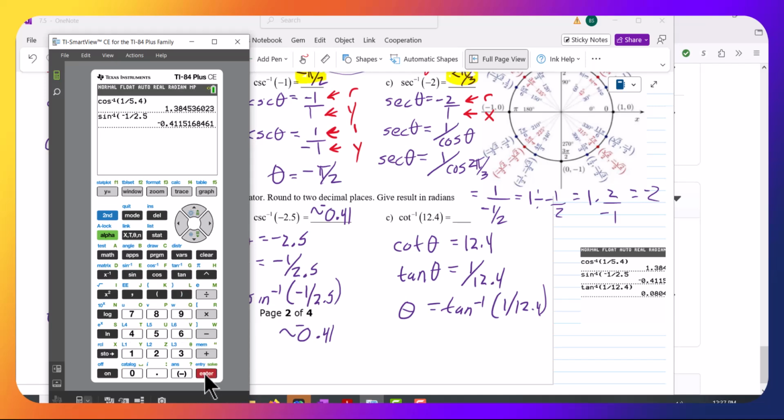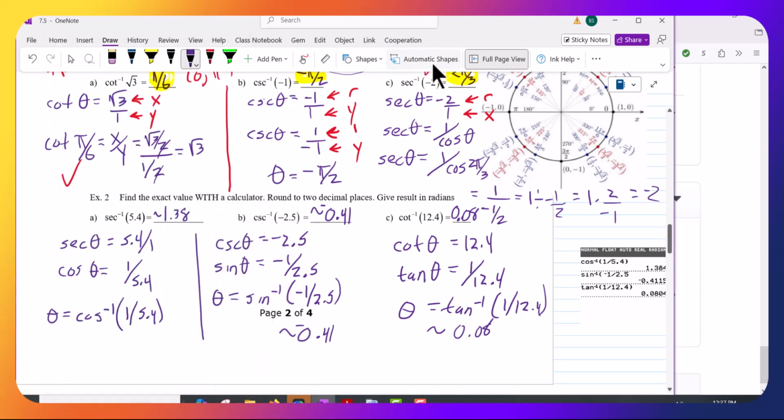Okay, and then the answer to that problem is going to be about 0.08. Okay, so you want to know how to work these things out whenever you're doing an inverse secant, inverse cosecant, and inverse cotangent, and you got to rewrite those using the reciprocal. Okay, let's go to the next page.